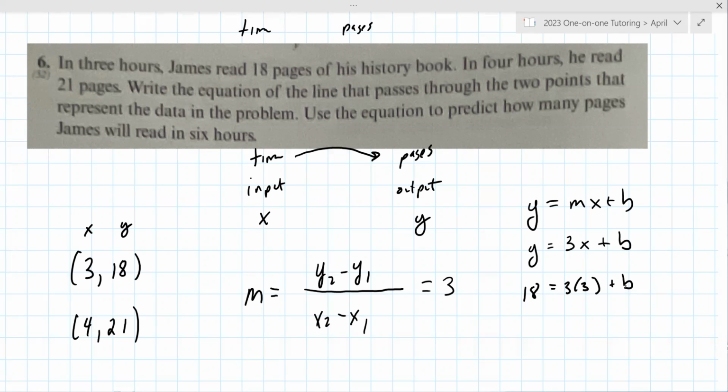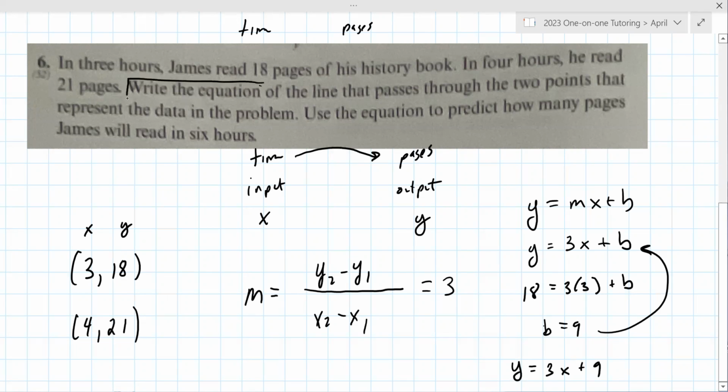It's 9 minus 9. So 9 is equal to b. b is 9, so that goes back into this right here. So your equation is y equals 3x plus 9. And that's the equation.